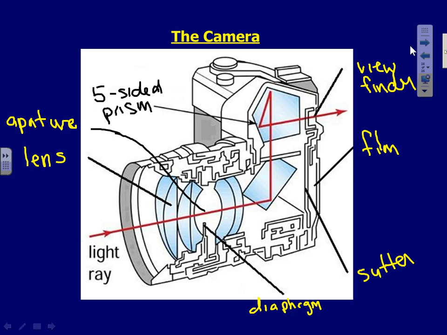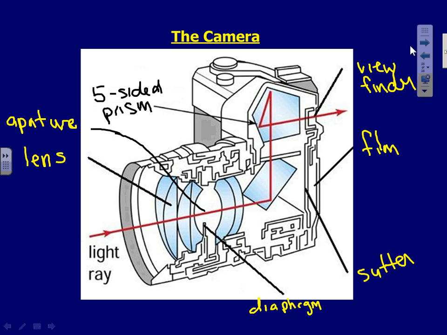What's the second blank? The shutter opens and closes to let the light hit the film.